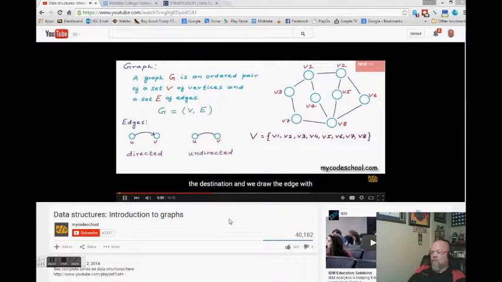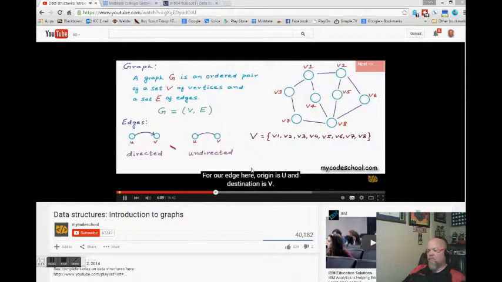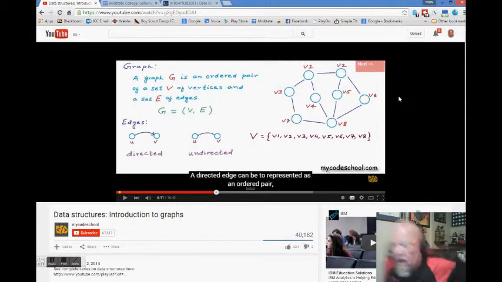And we draw the edge with an arrowhead pointing towards the destination. For our edge here, origin is U and destination is V. Okay, so if we take a look at this, we've got directed and undirected graphs.